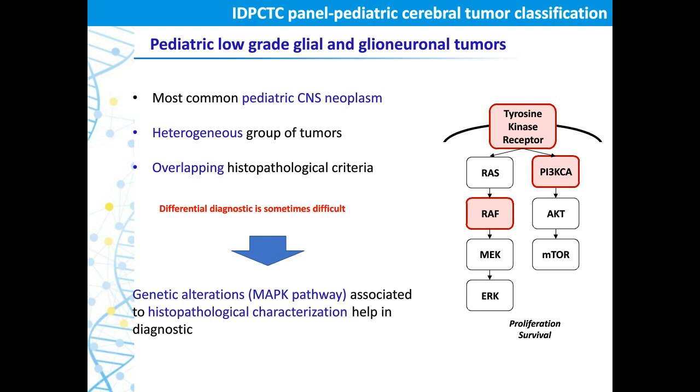It's a really heterogeneous group of tumors, with a lot of overlapping histological criteria, so it's highly difficult in some cases to discriminate between the different types of tumors. So histopathologists need to look at genetic alterations, mainly on the MAP kinase pathway, to make sure that the characterization of the tumor is good, and this will help in the diagnostics.